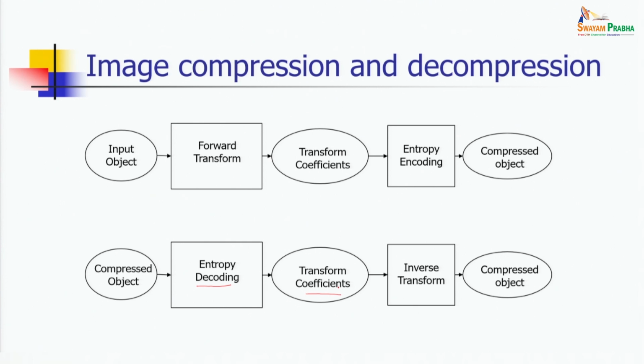After decoding you get back the transform coefficients, and then you apply the inverse transform to get the input object. Okay, so there is an error in this slide. So you should get an input object in this way.